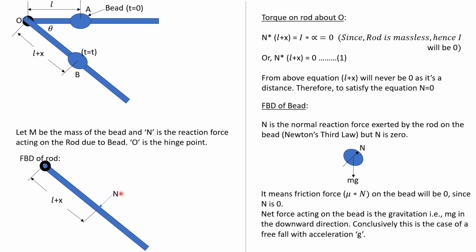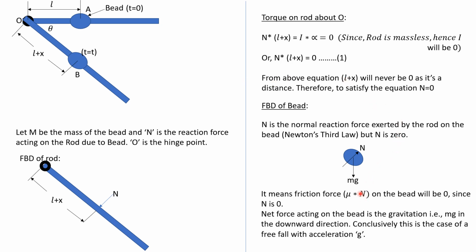So N is shown here in this direction, and N on the bead will be in the opposite direction. The other force on the bead is mg. But we have got that N is equal to 0 from equation 1.